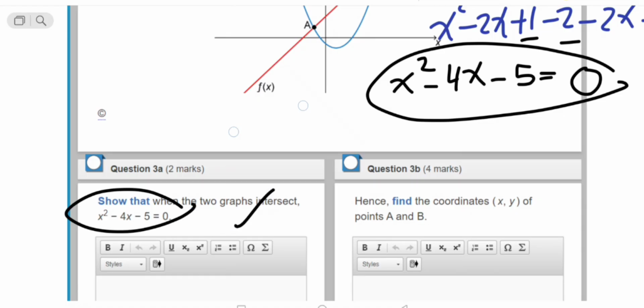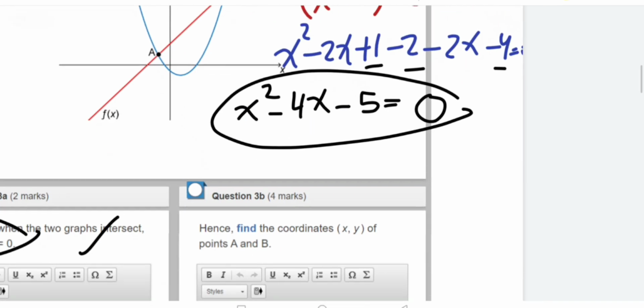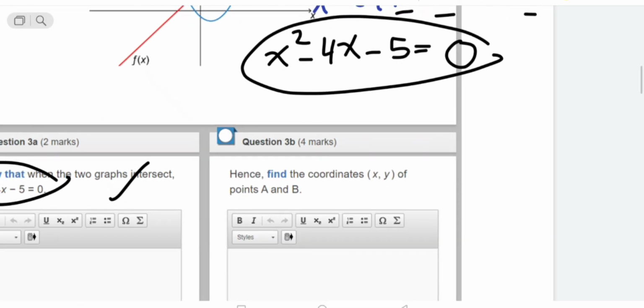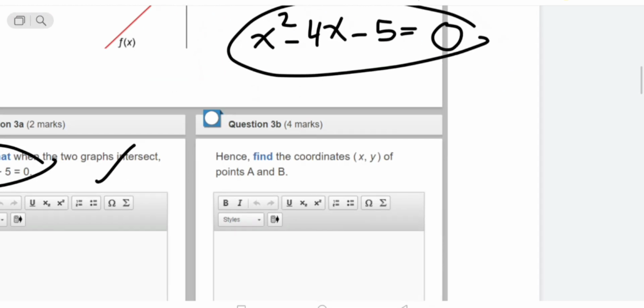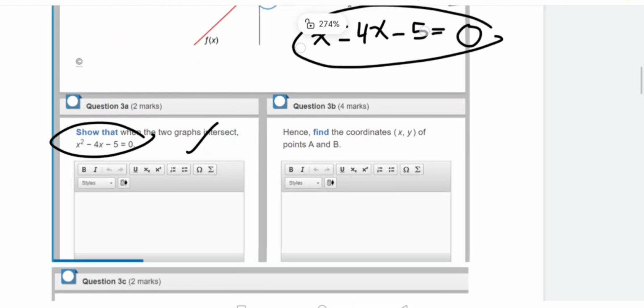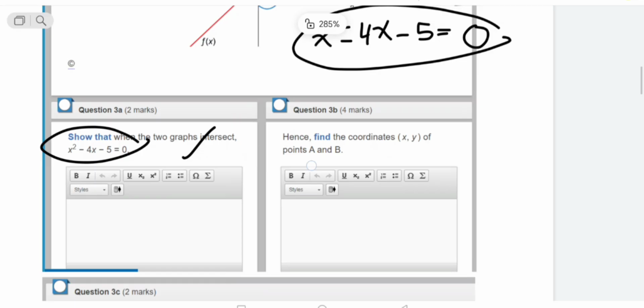After that, we are going to find the coordinates of A and B. What are the coordinates of A? Because we don't know the values, we need to find them. How to find? We know the equation, which is written here. X squared minus 4x minus 5 equals 0. Let us factorize.